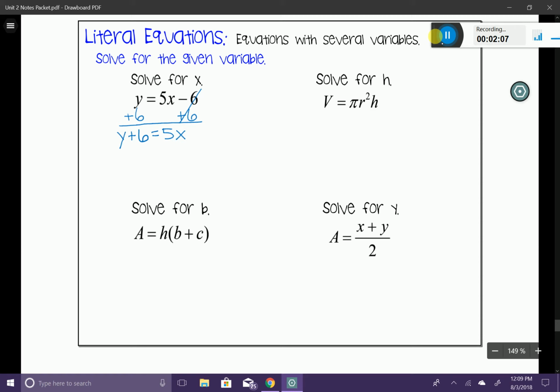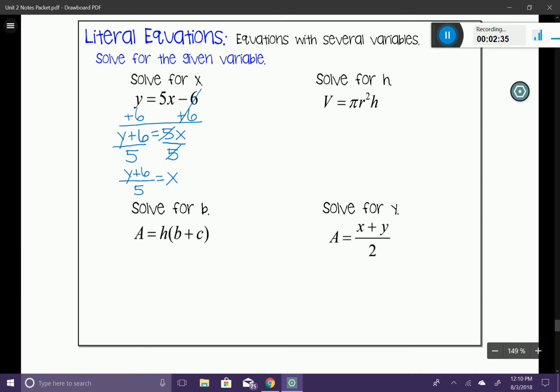Now we're going to get the x by itself. 5 and x are being multiplied together, so I'm going to divide both sides by that 5 to eliminate it. If I divide this side by 5, I also need to divide this side by 5. That's the rule of equations. What that leaves me with is y plus 6 divided by 5 is equal to x.